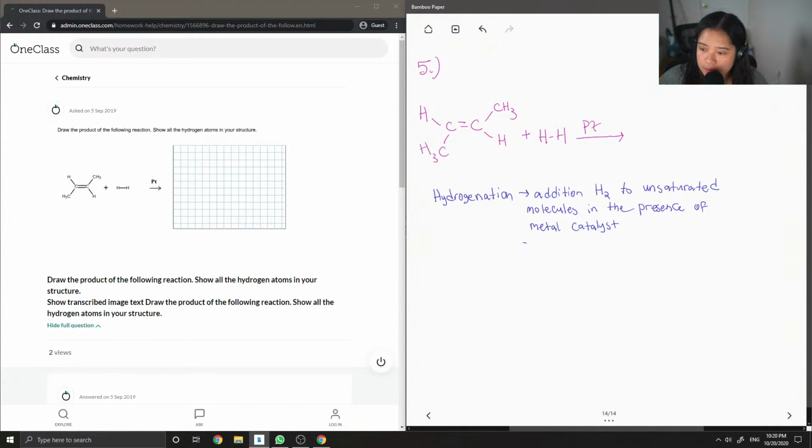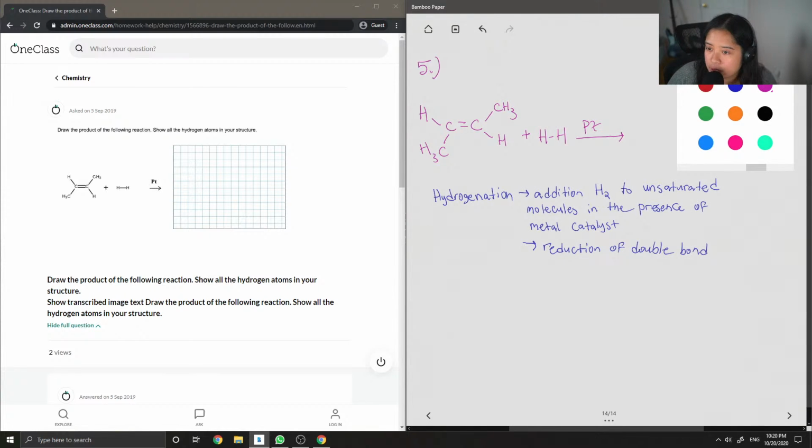Basically it's the reduction of the double bond, just to simplify things. And then I'll draw out the final product.